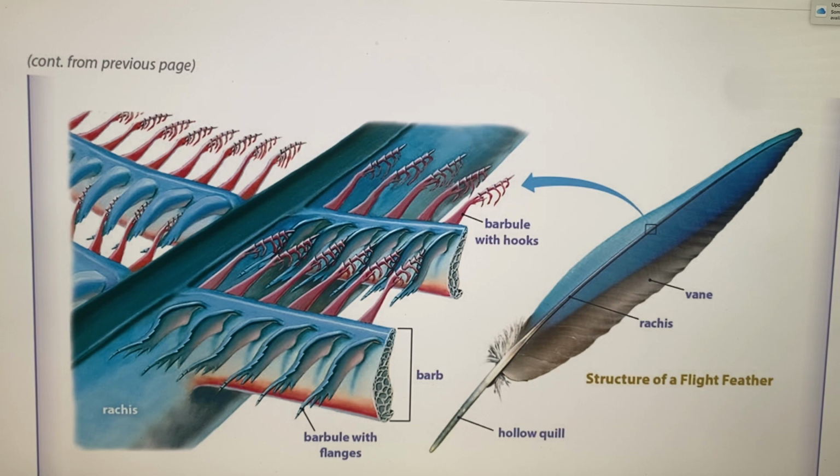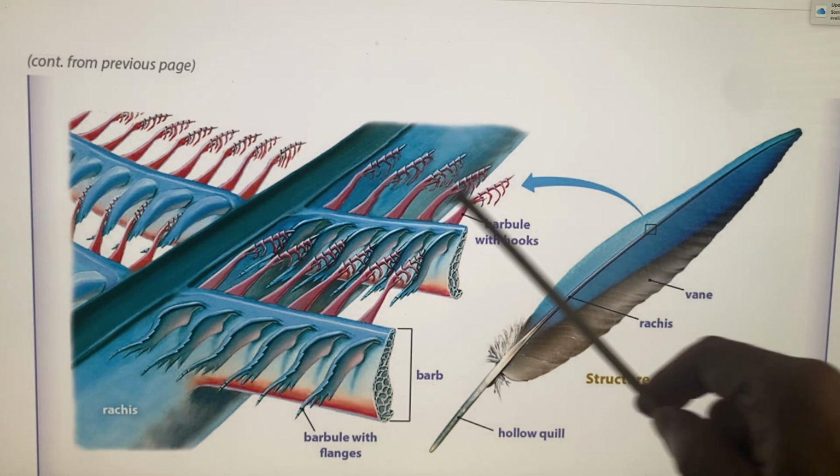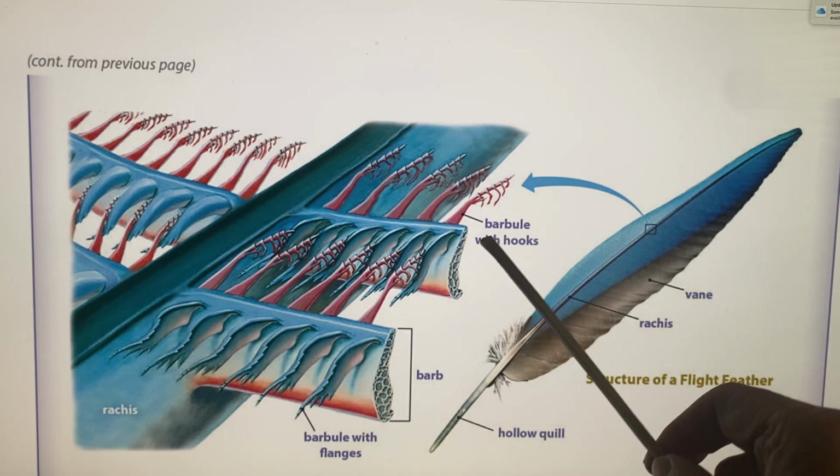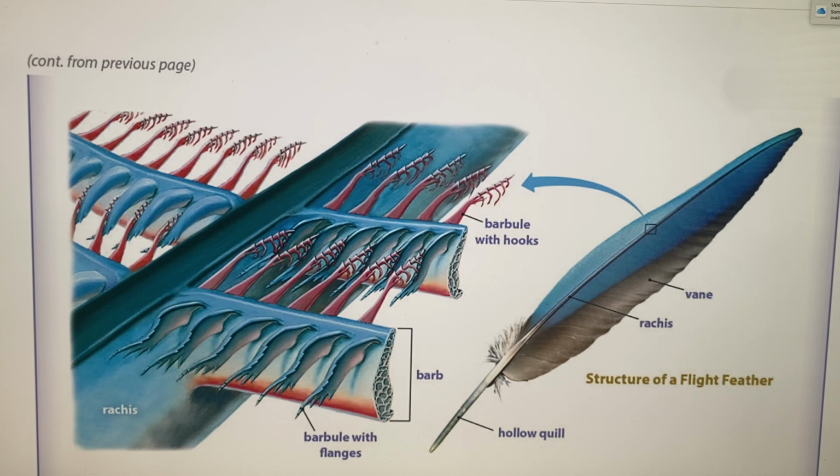So let's look again at this feather, and we have the rachis. This hollow quill comes down, this rachis, and it has grooves in it. And these grooves are with barbs. See, this is a little picture. This is actually the picture of the rachis here. So you see with the barb, see how this little part is pointing over here. And the barbs have these little hooks, and these little hooks are called hamuli, which just means hook.